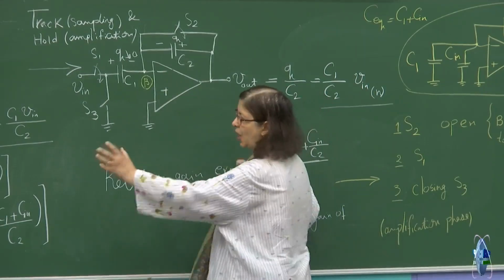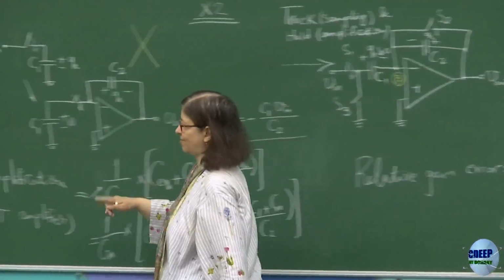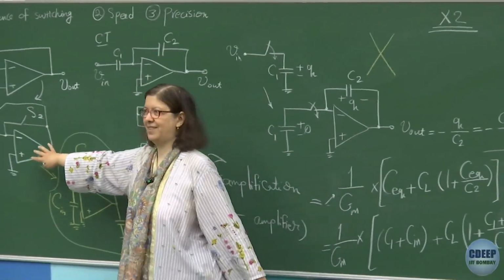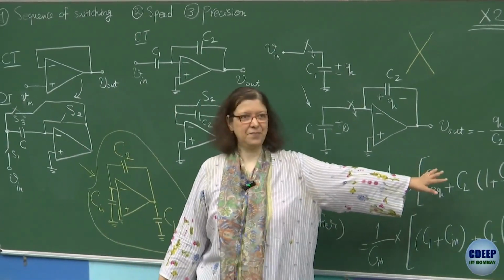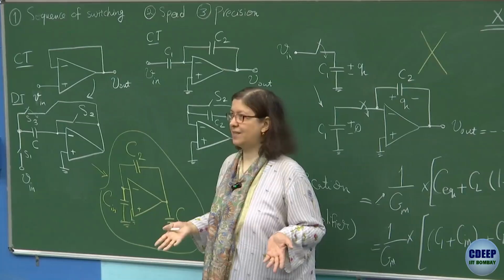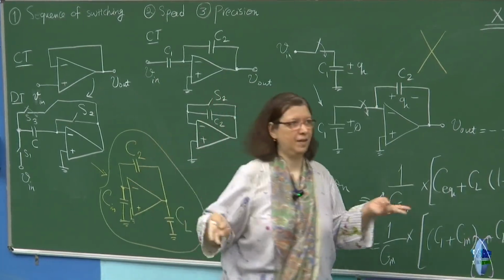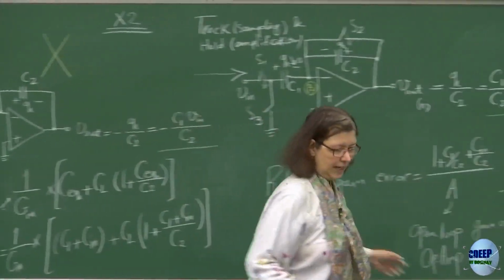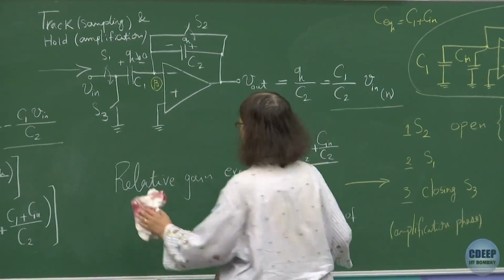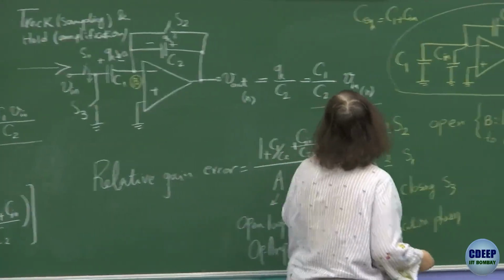Like combine these two configurations, flip around and discrete time. You will get a new discrete time amplifier where both capacitors are switching. And the whole idea behind that is this simple concept.